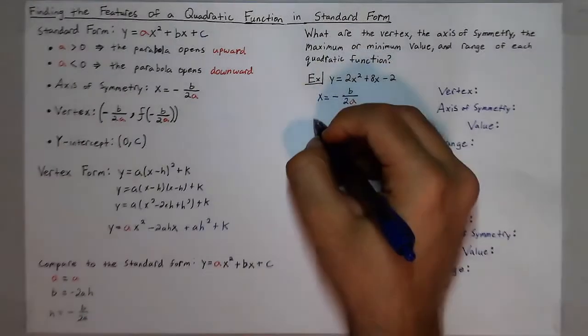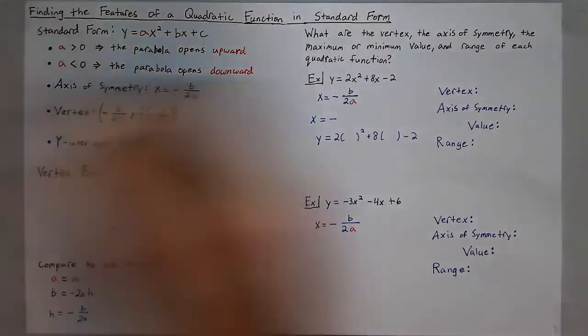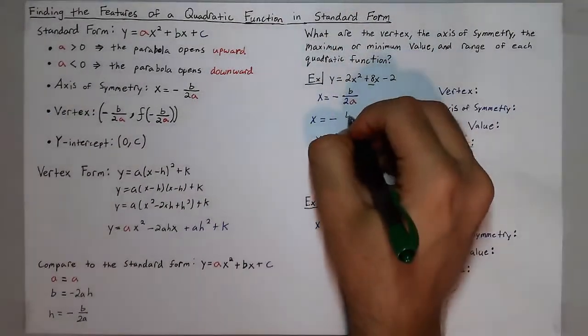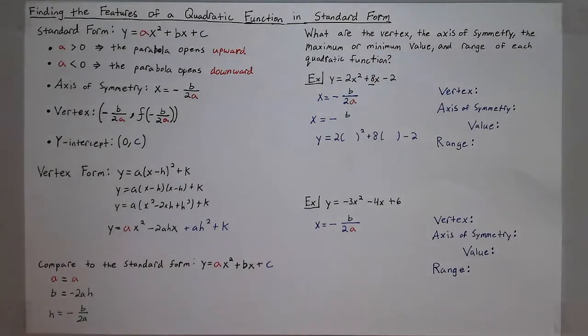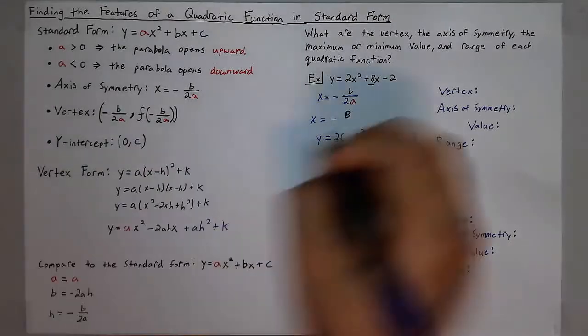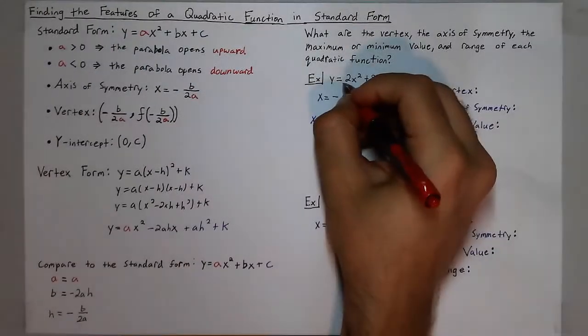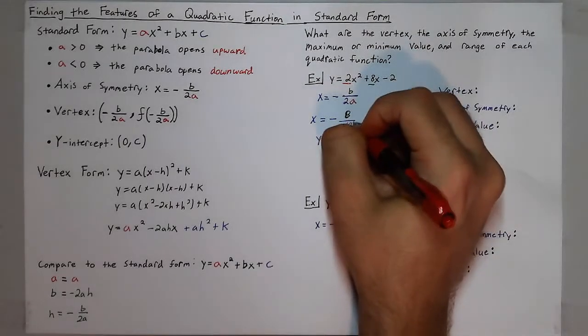So here, plugging in the values I know, I get negative, and b here is 8, so negative 8 over 2 times a. In this case, a is 2, so 2 times 2.